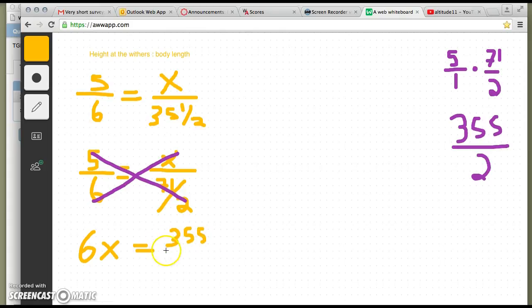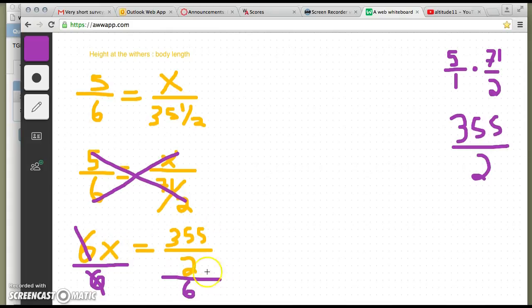Okay, so now we are ready to go ahead and solve for x. And we're going to do this by getting x by itself. So notice that x is connected to this 6 through multiplication, so we're going to have to divide to undo that multiplication. And whatever we do on one side of our equation, we have to do to the other to maintain our equivalence. So 6 divided by 6, those cancel out. All we're left with over here on the left-hand side is x.